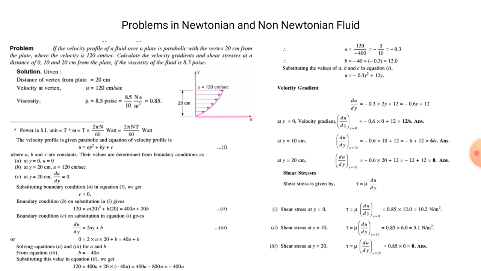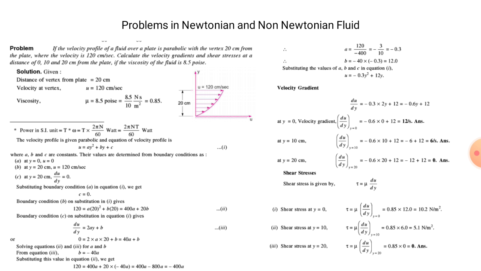The velocity gradient du by dy is equal to minus 0.3 into 2y plus 12. Therefore, it is equal to minus 0.6y plus 12. The velocity gradient at y is equal to 0: du divided by dy is equal to minus 0.6 into 0 plus 12 is equal to 12 per second.